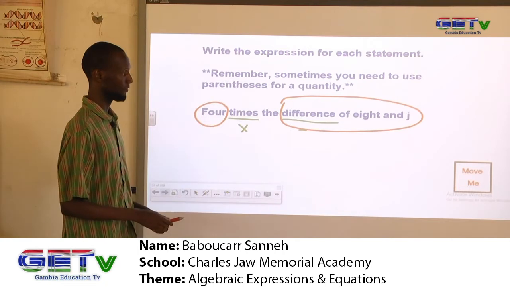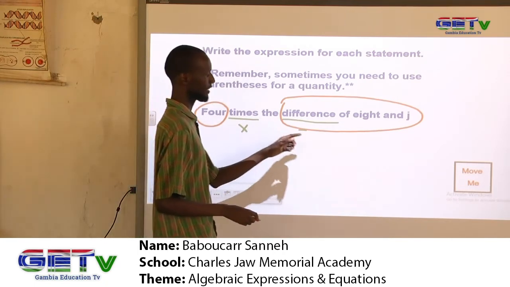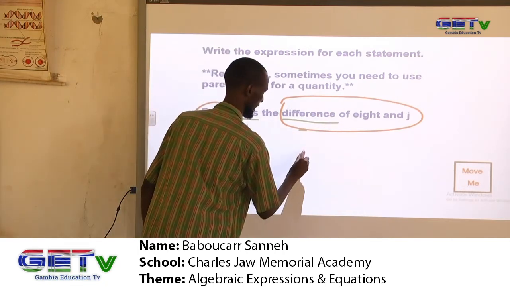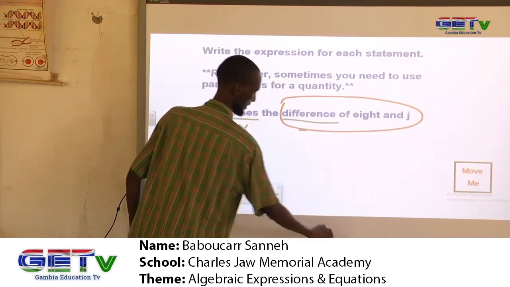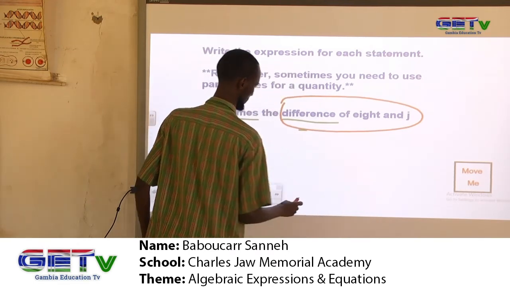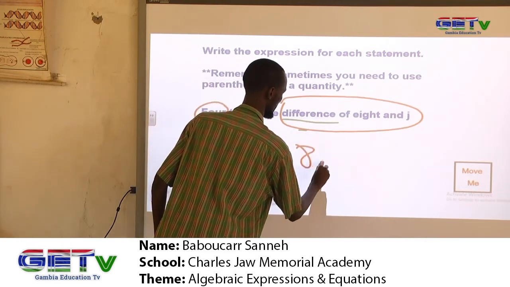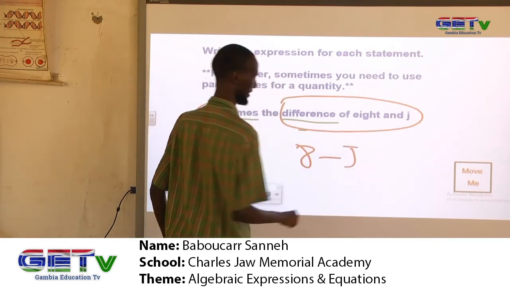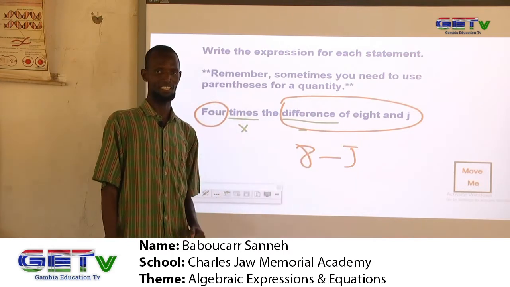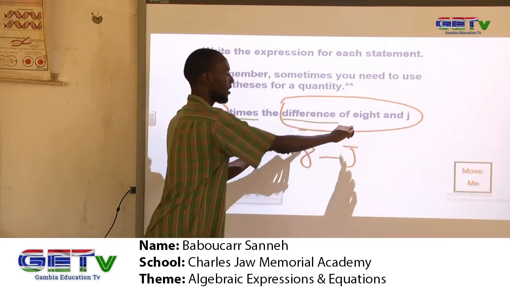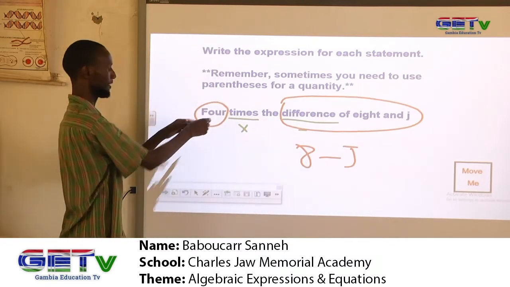Now, if you write difference of 8 and j, we will have 8 minus j. That covers the difference of 8 and j. Now, you are multiplying all of this by the 4.